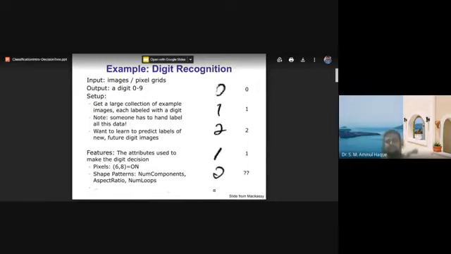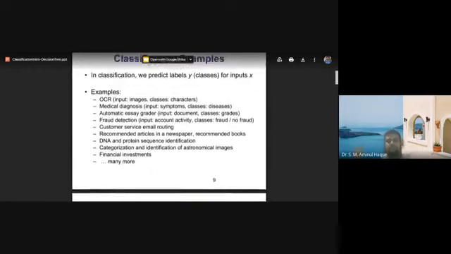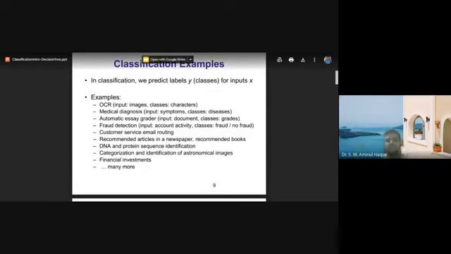So this is another interesting application of machine learning. There are some other areas where we can apply classification: medical diagnosis, OCR, fraud detection, DNA protein analysis, categorization of astronomical images, and so on. A lot of areas where we can use our classification technique.